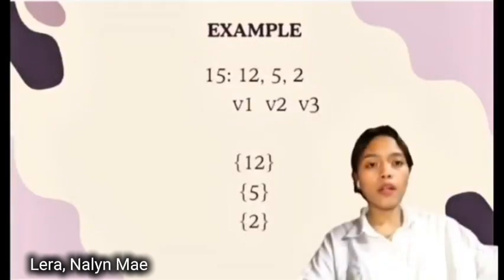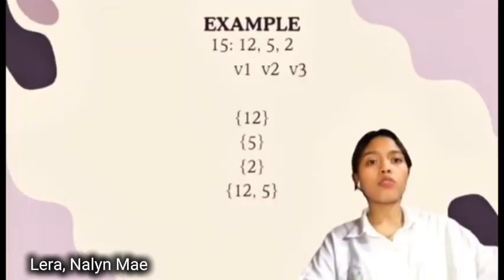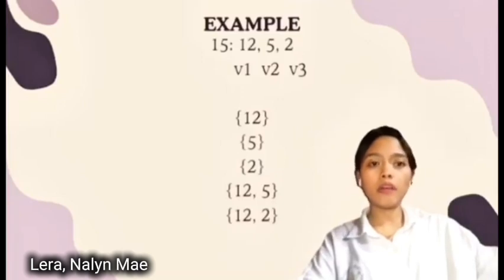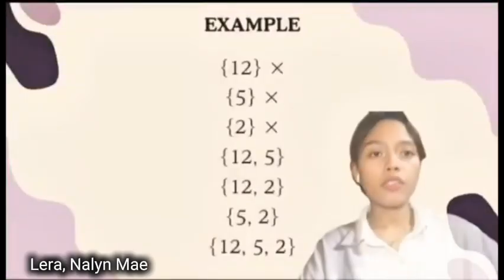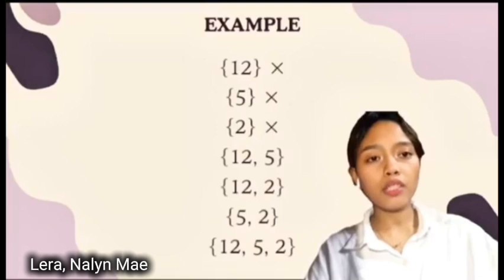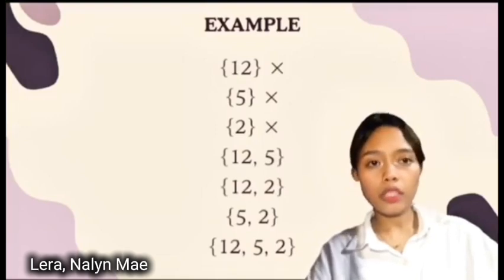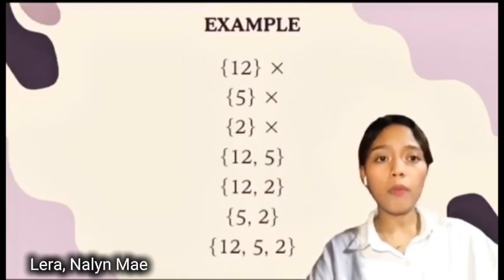So 12, 5, and 2, or 12, 5, or 12, 2, or even 5, 2. The 12, 5, and 2 each alone cannot be a winning coalition since they have no partners.